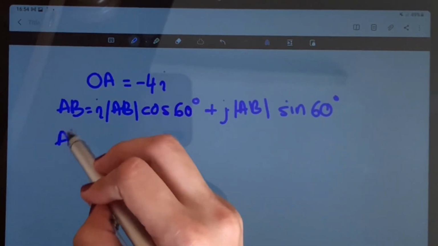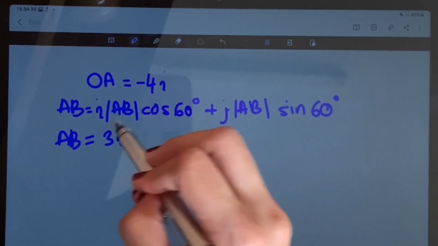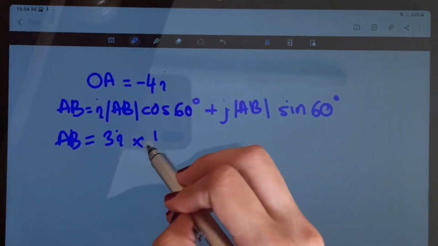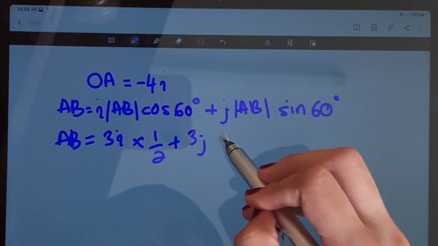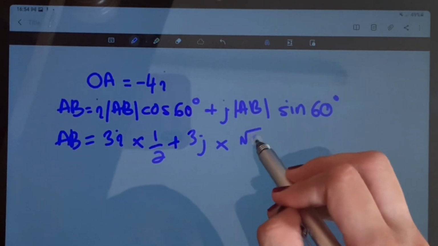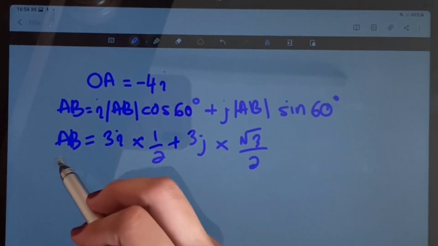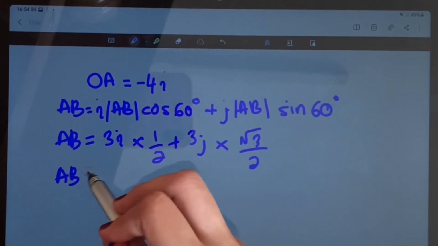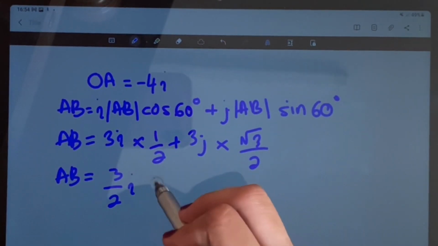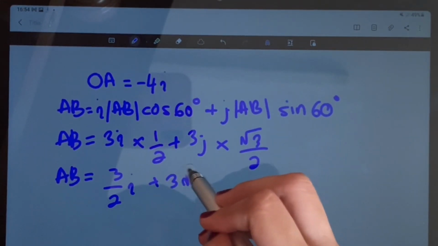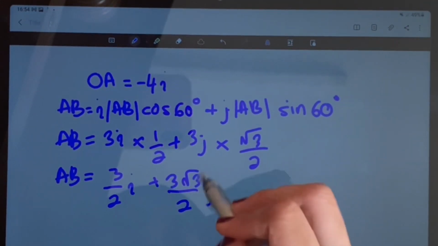Then AB equals 3i multiplied by 1 over 2 plus 3j multiplied by square root 3 over 2, and then we get the answer of AB is 3 over 2 i plus 3 square root of 3 over 2 j.